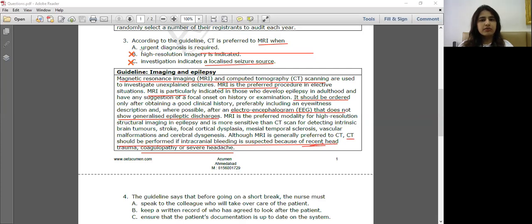'Recent' tells you urgent diagnosis is required. So with both methods, including ruling out the wrong answer choices, you can get this answer. The other two options mainly talk about MRI, whereas the question is asking when we would prefer a CT scan as compared to MRI. I can see all of you who have sent answers have selected A.